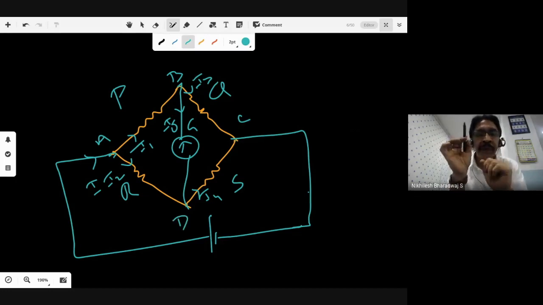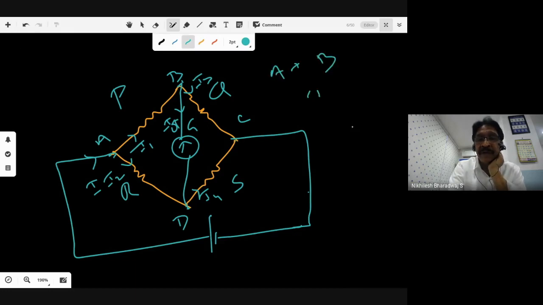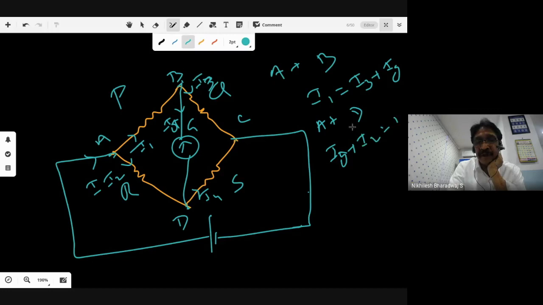You should be very careful in applying Kirchhoff's first law, known as the junction law, at junctions B and D. At B, I1 is equal to I3 plus IG. At D, IG plus I2 is equal to I4.